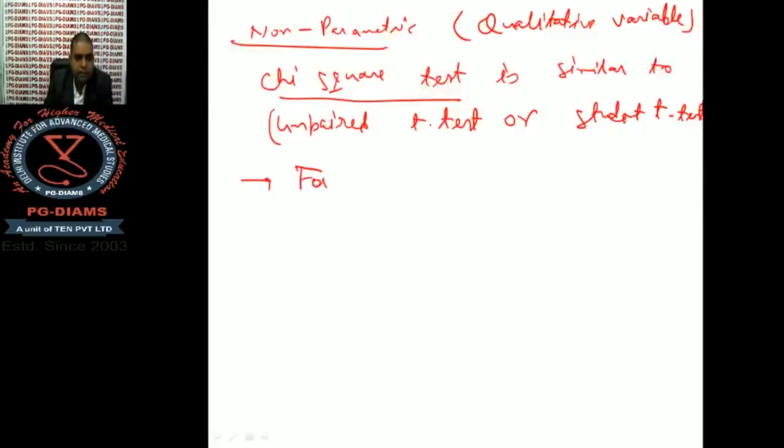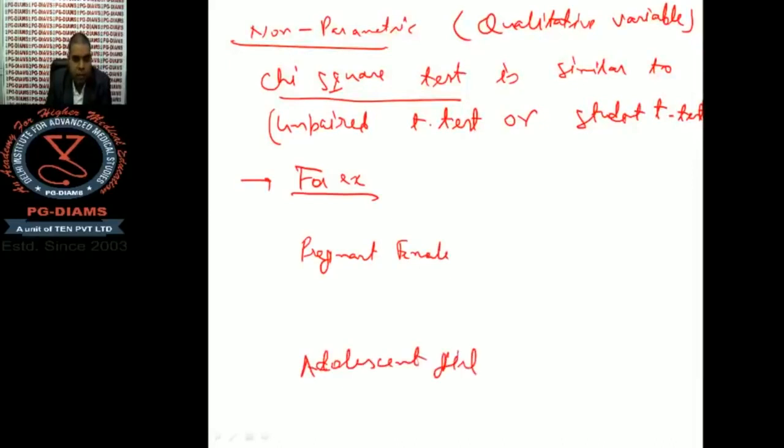For example, in the same example, if you have two groups, one of pregnant female again and one of adolescent girl, in both the groups you measured number of anemic female and anemic girl. Okay, and in both the groups you give 6 month IFA.